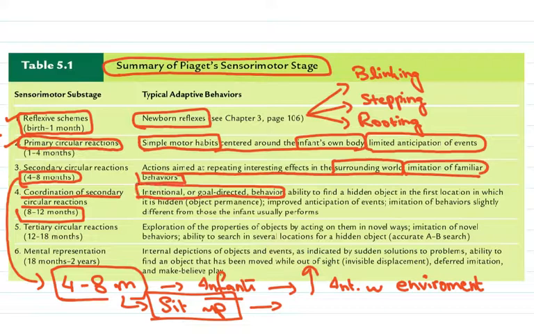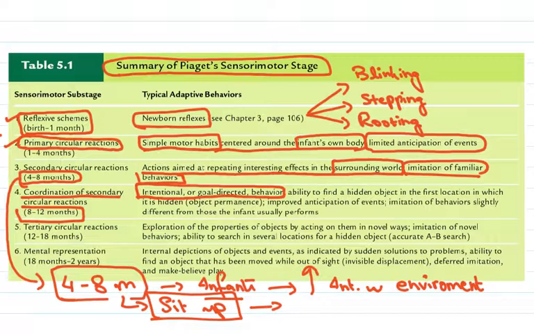So their behavior is not random, it is not just imitative, they have a particular goal in mind. For example, if they're crawling towards an object, they want to hold that object or inspect it.